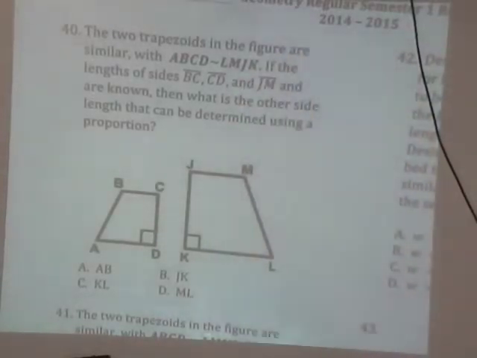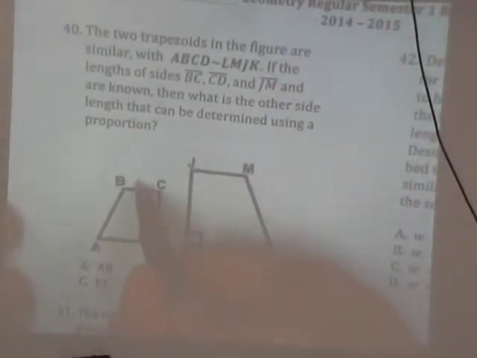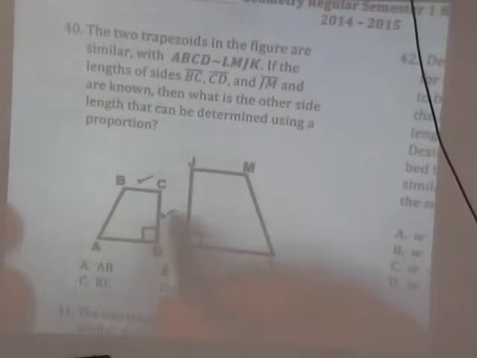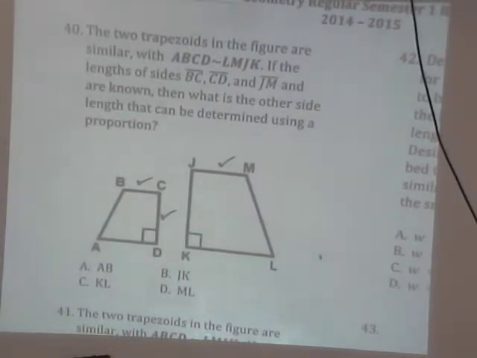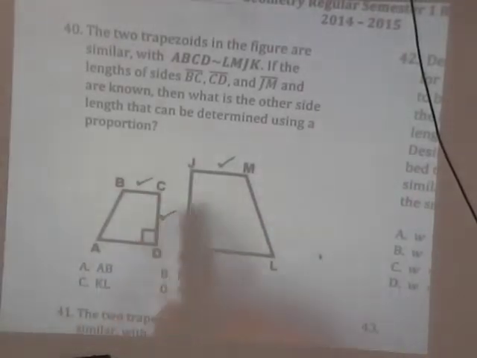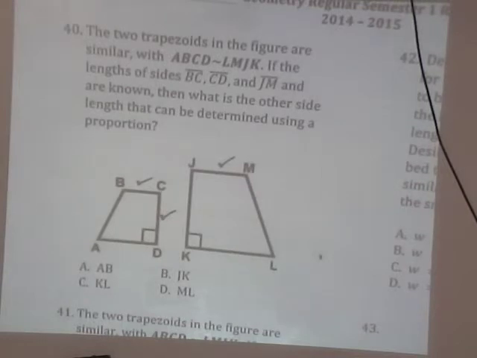If the lengths of sides BC, CD, and JM are known, what is the other side length that can be determined using a proportion?